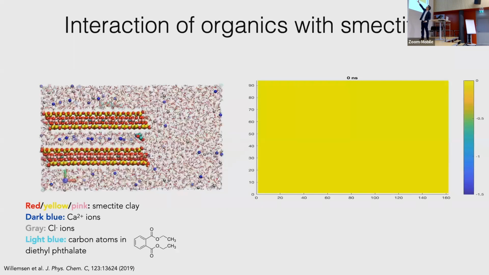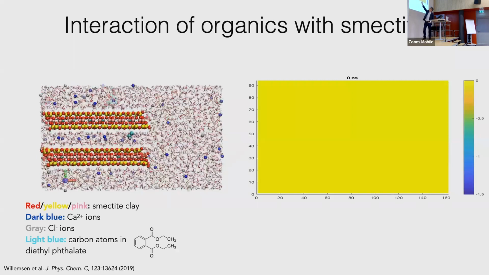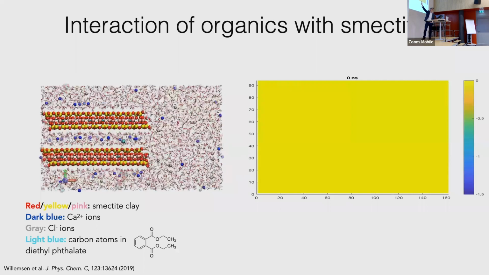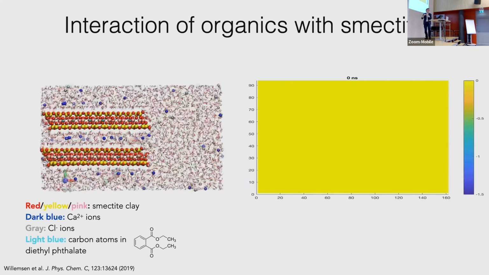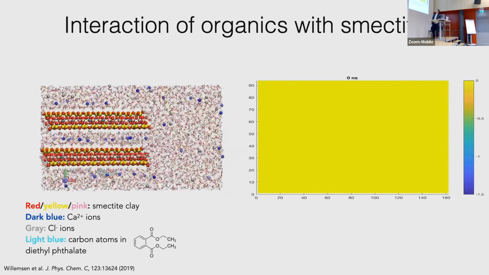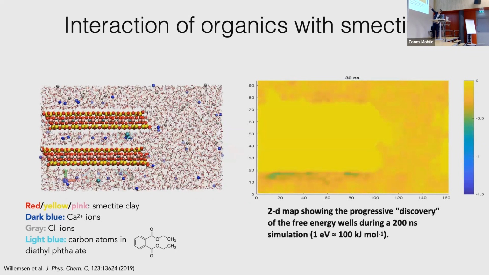So what Jenny's doing here instead is using a technique known as metadynamics, where we're essentially biasing the movement of the phthalate atoms in this case. And then the code reports back to us the shape of the free energy landscape. The simulation on the left was just showing a few tens of picoseconds of an MD simulation with this metadynamics technique.